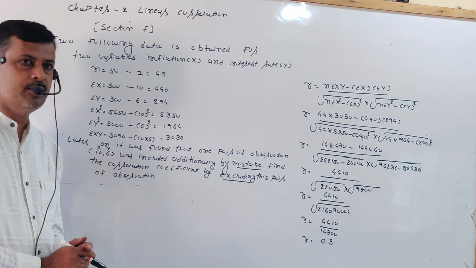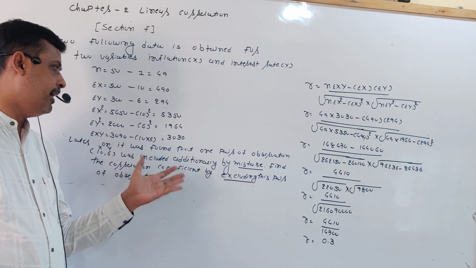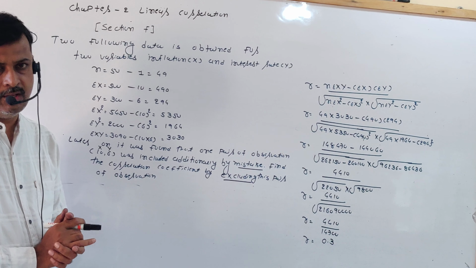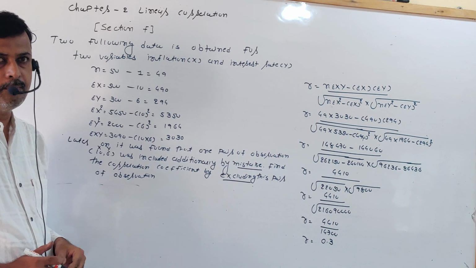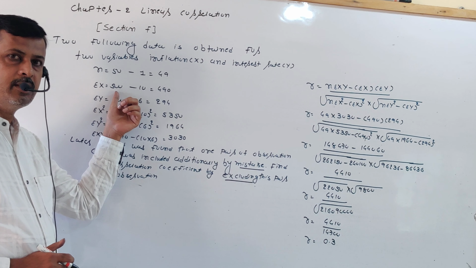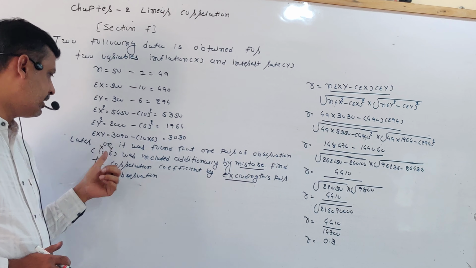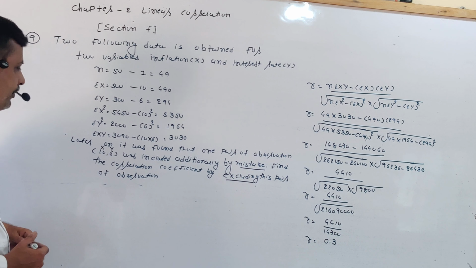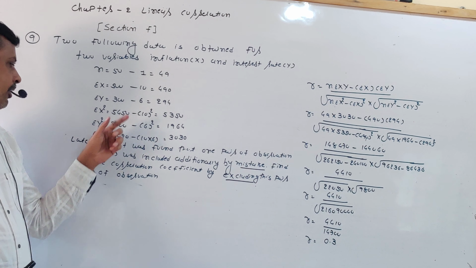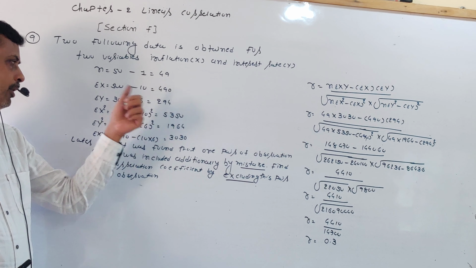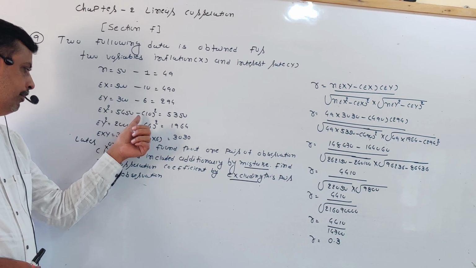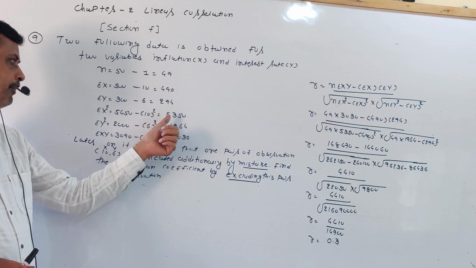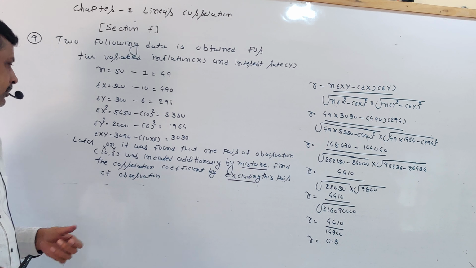50 observations are given. One pair, where x and y are taken wrongly, is removed, so 50 minus 1 is 49. Sigma x is 500 minus the wrong x 10, so 490. Sigma y is 300, y taken wrongly as 6, so 294. Sigma x square is 5450 minus 10 square, 5350.